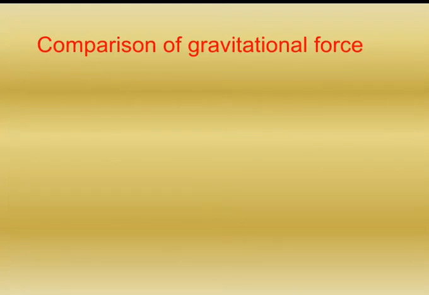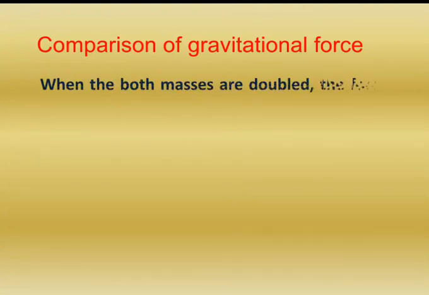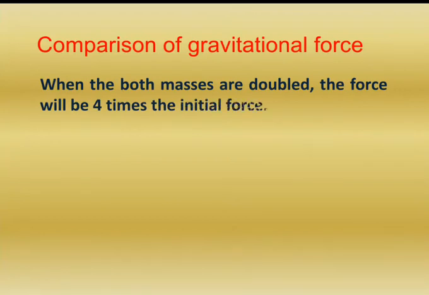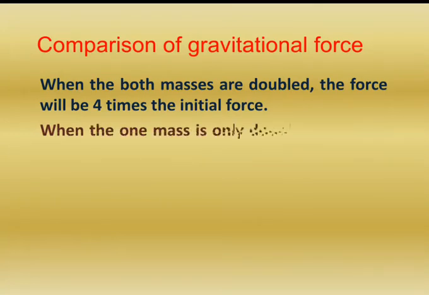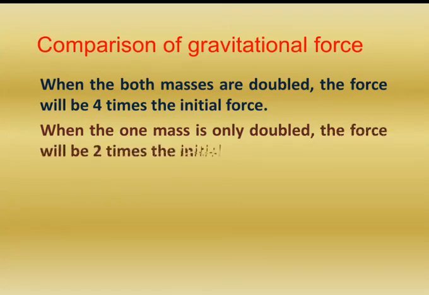Comparison of gravitational force. When both masses are doubled, the force will be 4 times the initial force. When only one mass is doubled, the force will be 2 times the initial force.